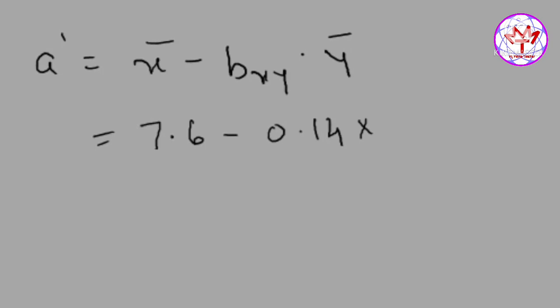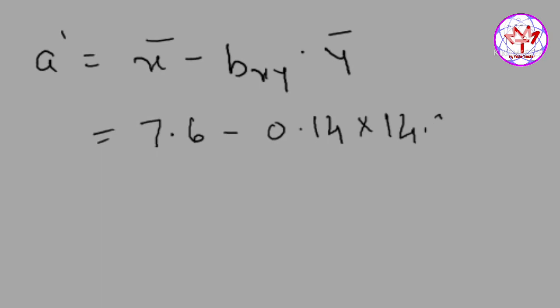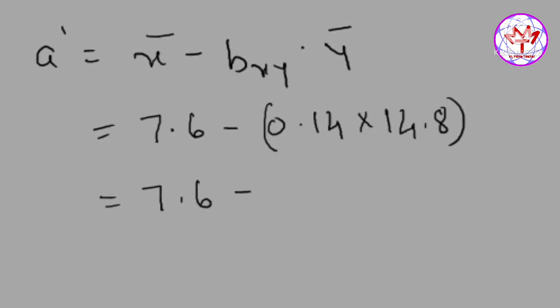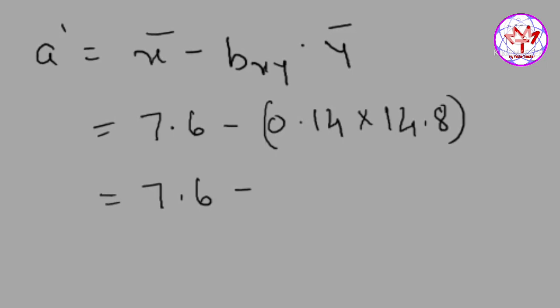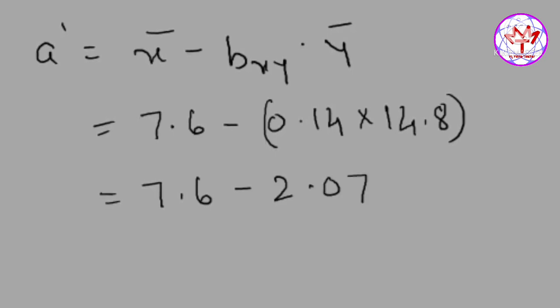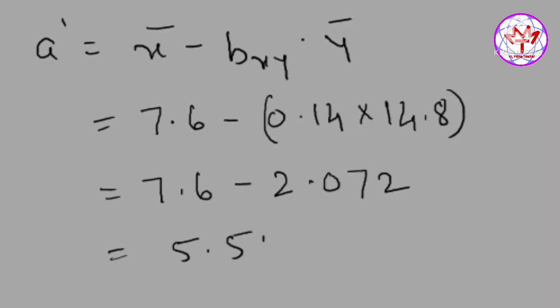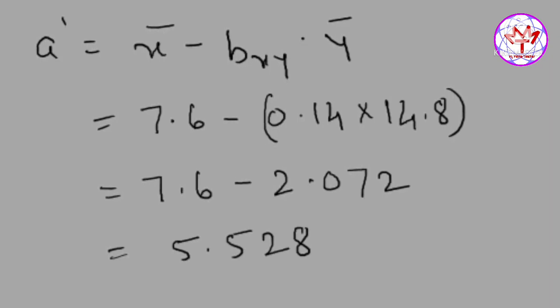Y bar is 14.8. So we get 7.6 minus 0.14 into 14.8 is 2.072. So 7.6 minus 2.072 is equal to 5.528. This is your a dash.